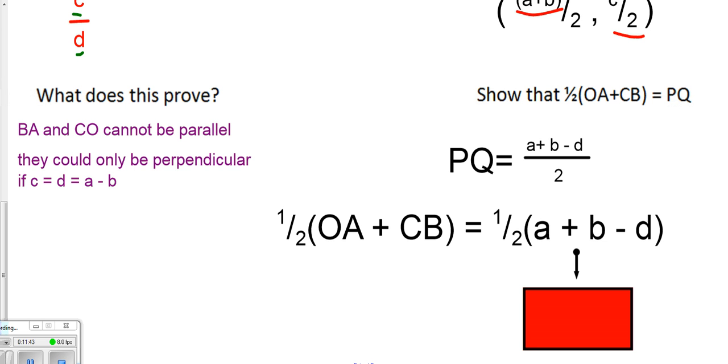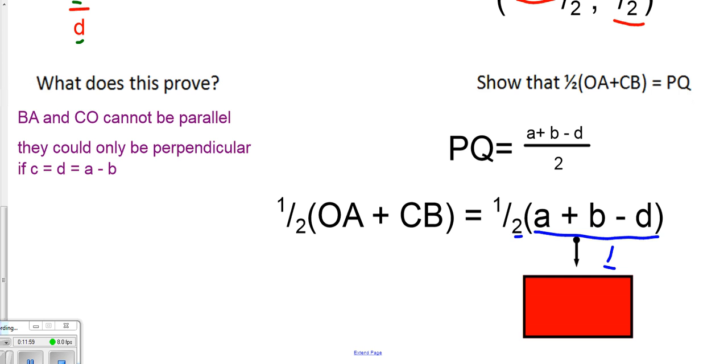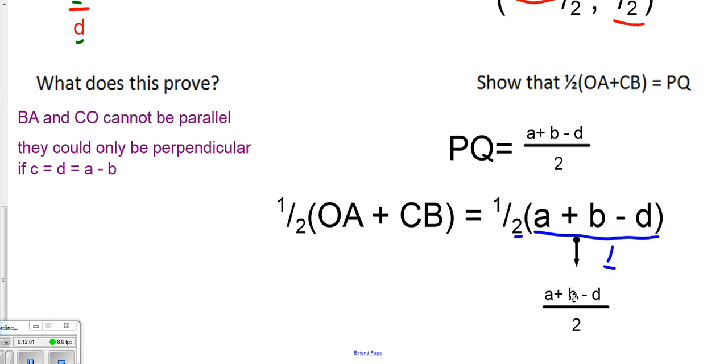And now we can notice we're taking 1/2 times all of this. Think of this as a fraction over 1. Multiply our numerators. 1 times all of this doesn't change. 2 as a denominator times 1 means that our denominator becomes 2. So this would be our new value of 1/2 of OA plus CB.